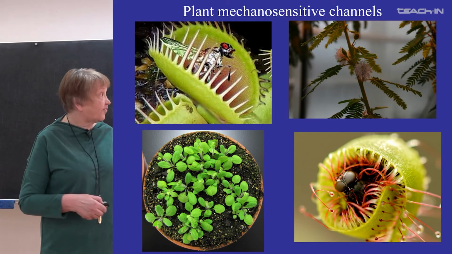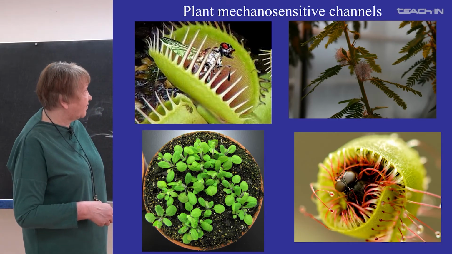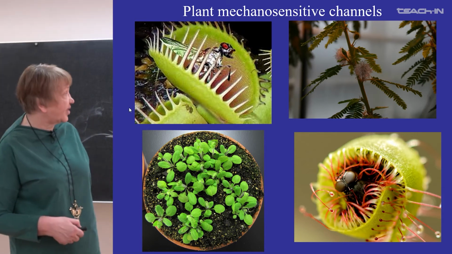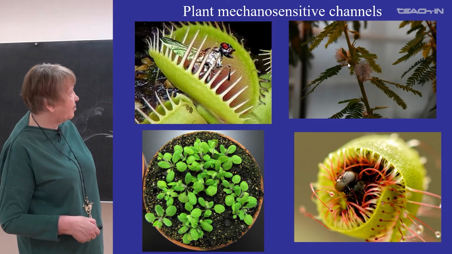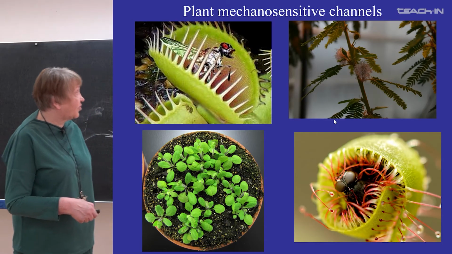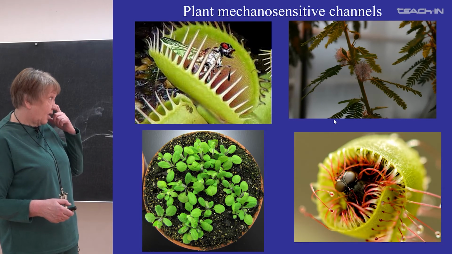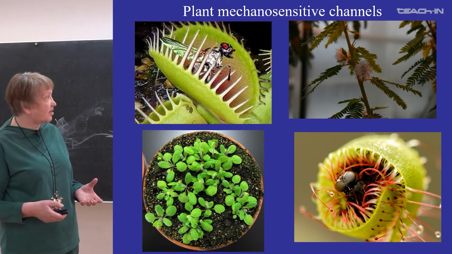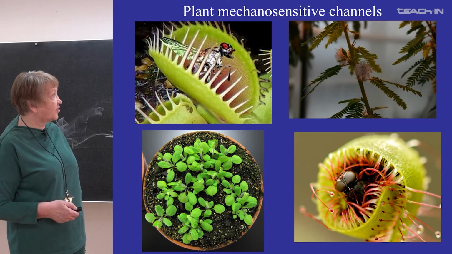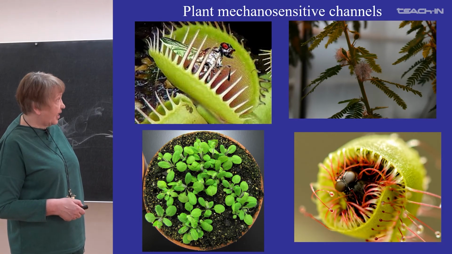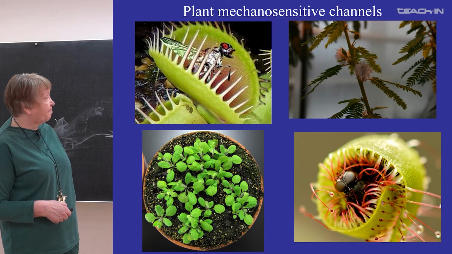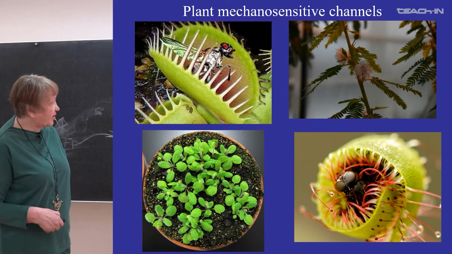So apart from plants like the Venus flytrap, which obviously respond to mechanical stress, and mimosa, in both cases you see rapid changes in turgor of certain cells, and in both cases it's associated with action potential.